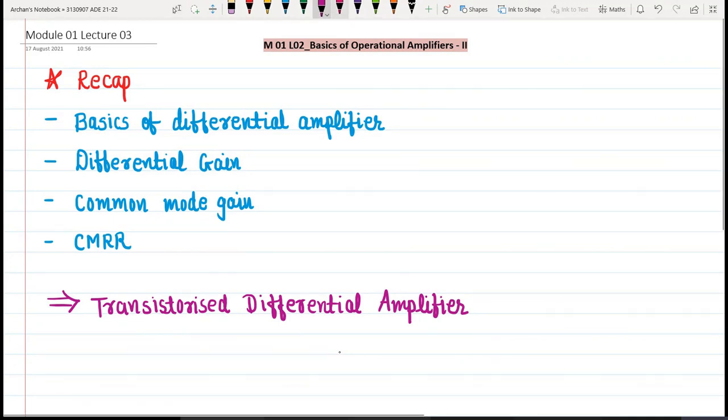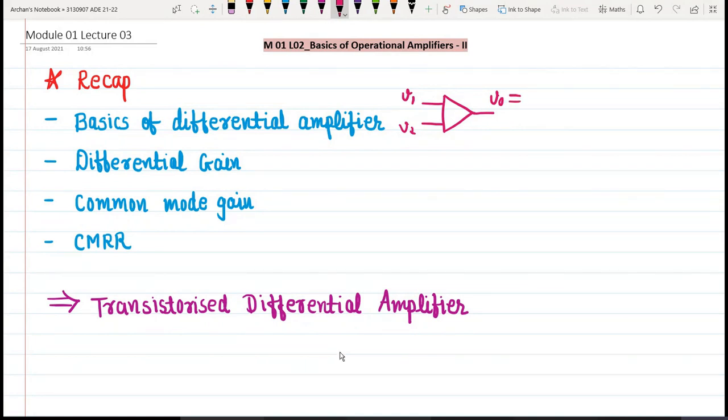In this particular case, we have two inputs and one output. Say my inputs are V1 and V2, and the output is V0.